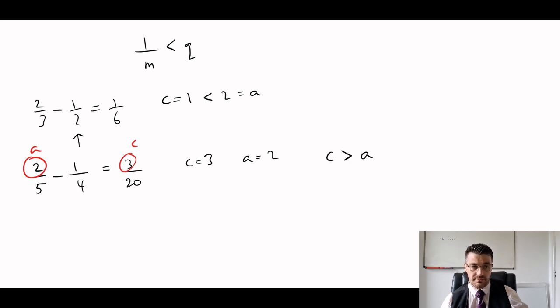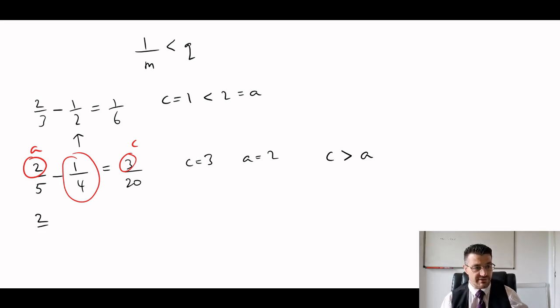What's the problem? The problem is this thing. 4 is not the smallest positive integer such that 1 over m is less than or equal to q. It's actually 3.